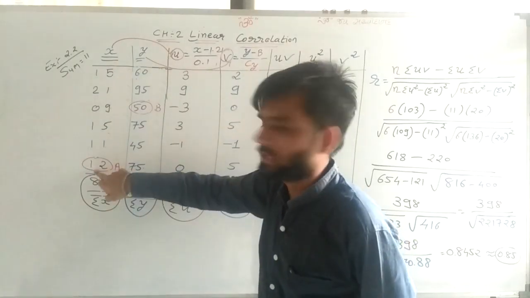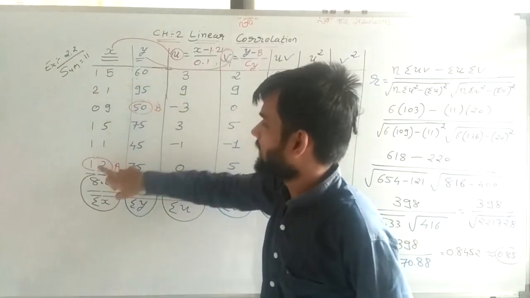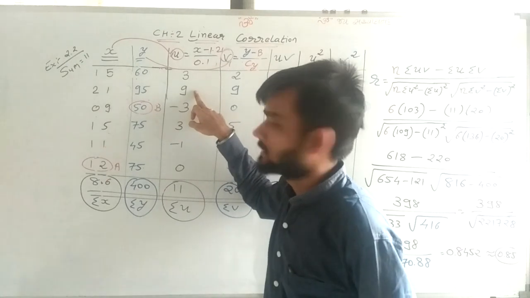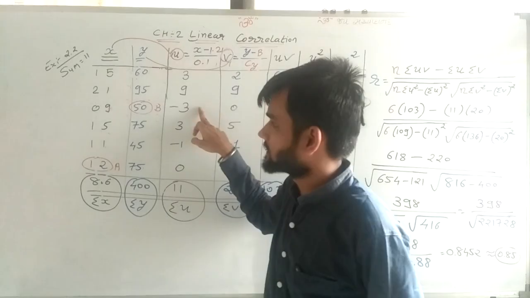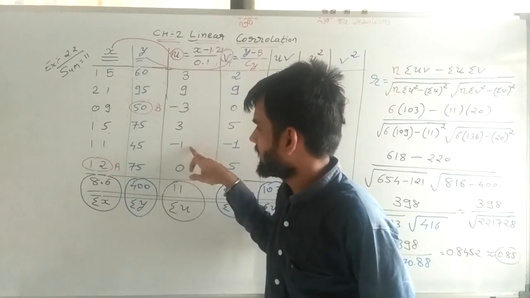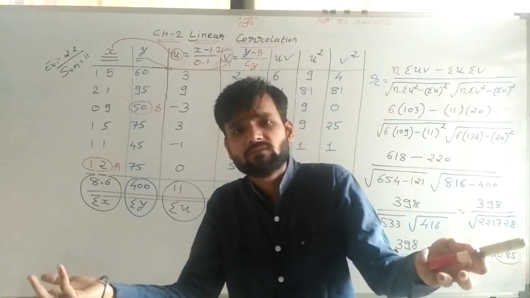So 15 minus 12, answer is 3. 21 minus 12, answer 9. 9 minus 12, so minus 3. 15 minus 12, 3. 11 minus 12, minus 1. 12 minus 12, 0. So the calculation becomes easy.